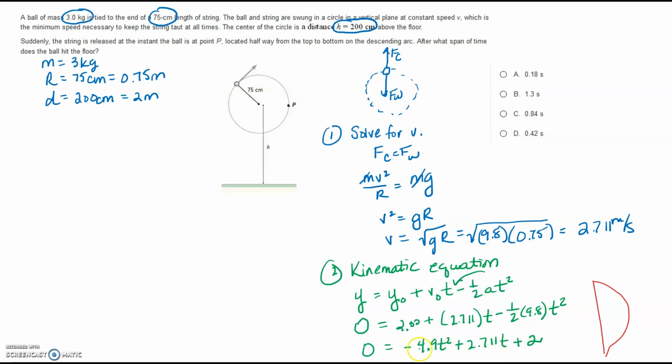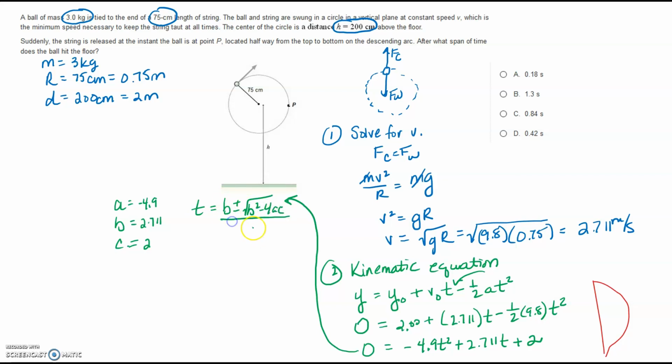Okay, so if I'm using this for my quadratic, let me pull this up here. I have a is equal to negative 4.9, b is equal to 2.711, and c is equal to 2. And the quadratic formula I'm using, I'm searching for t, so t is equal to negative b plus or minus the square root of b squared minus 4ac, over 2a.